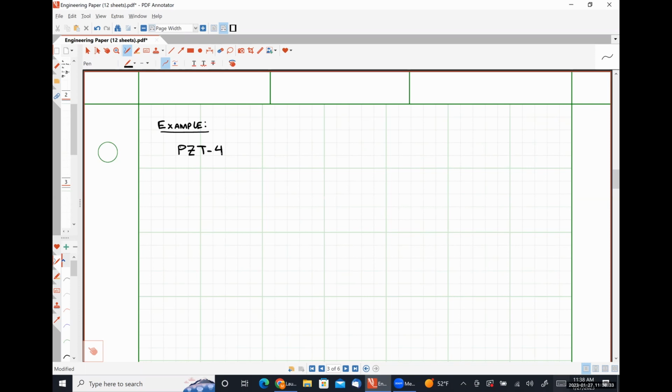PZT4. This is a piezoelectric ceramic. It's a man-made material that is used in a lot of commercial applications. It is what the transducer inside of an inkjet printer head is made of. It can also be patterned into thin films for MEMS devices that research and things like that are doing, okay?